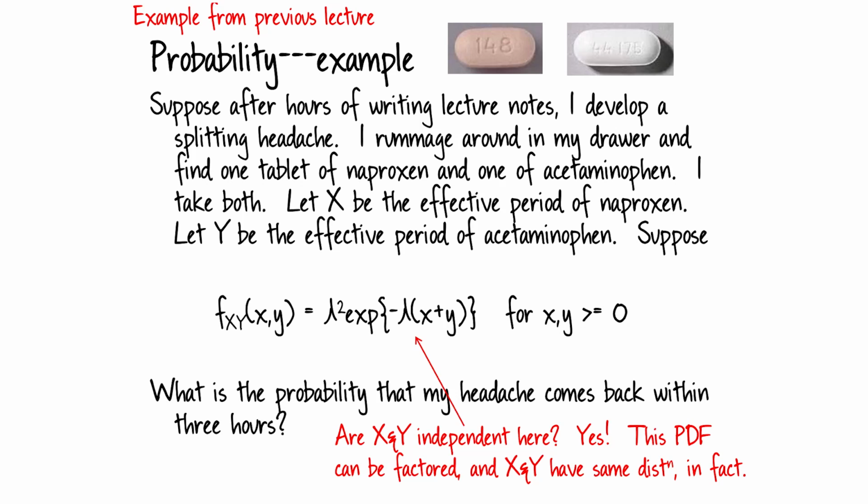If we went to the trouble of computing the marginal PDFs of X and Y, we would see that they were identical. X and Y have the same distribution. But we don't need to actually compute the marginal PDFs to check whether these are independent. We can just check the factoring result.